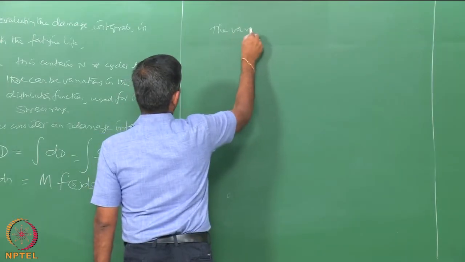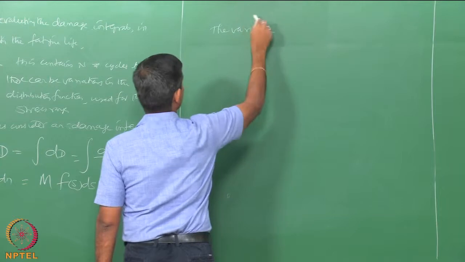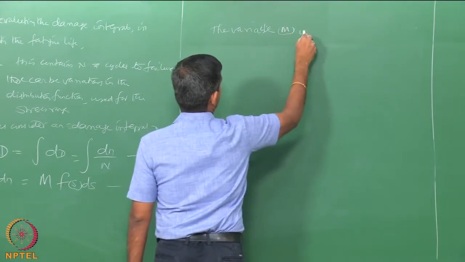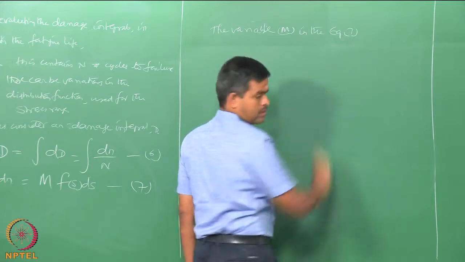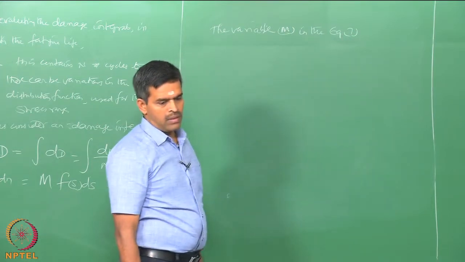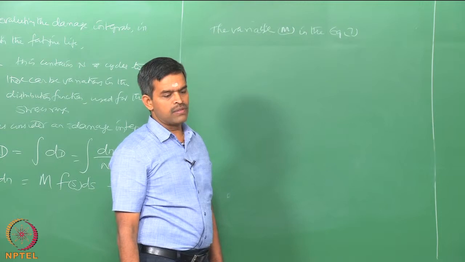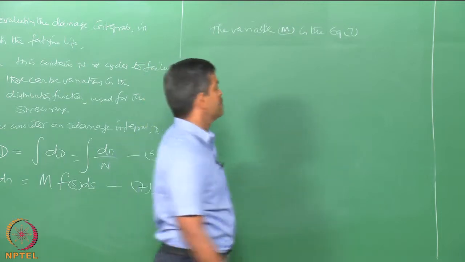Now, the variable m in equation 7 denotes the number of waves in a long term or a short term climate.